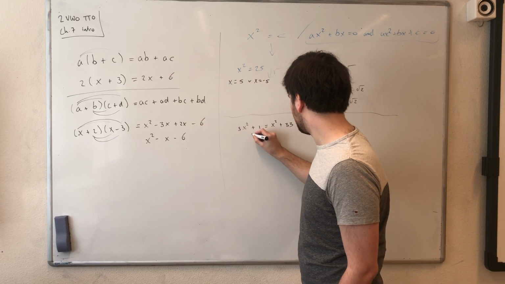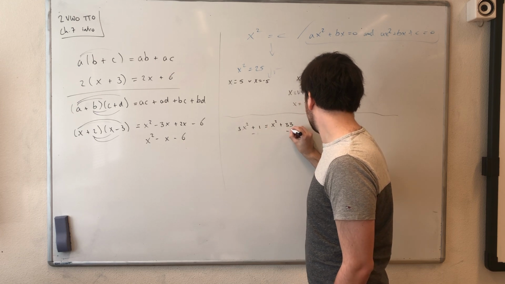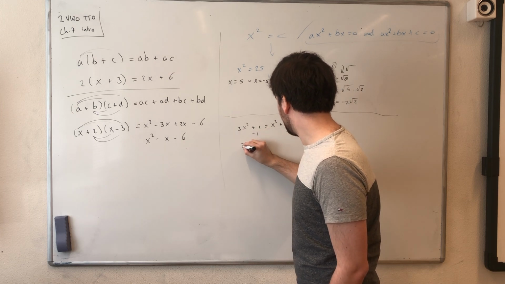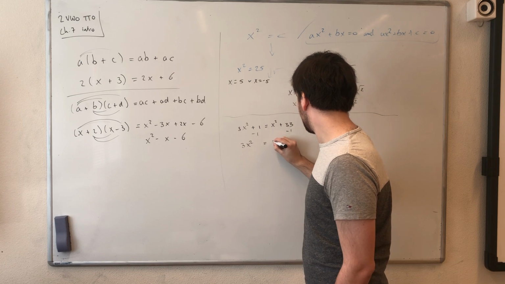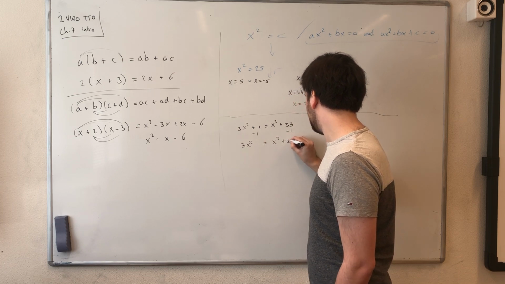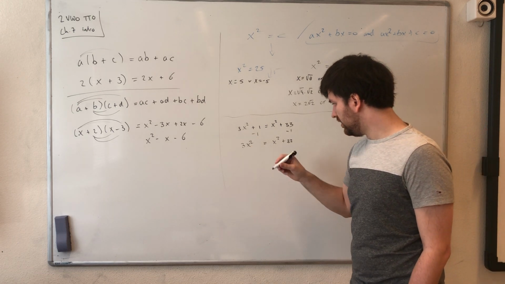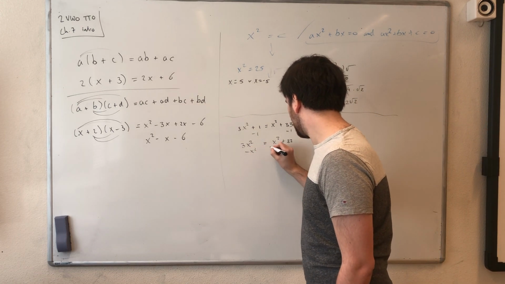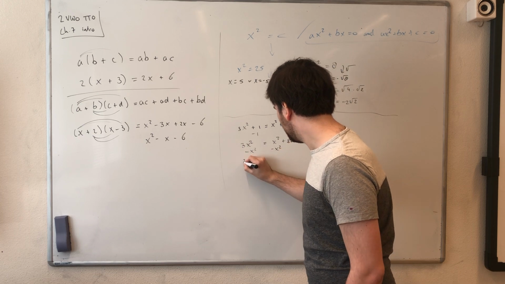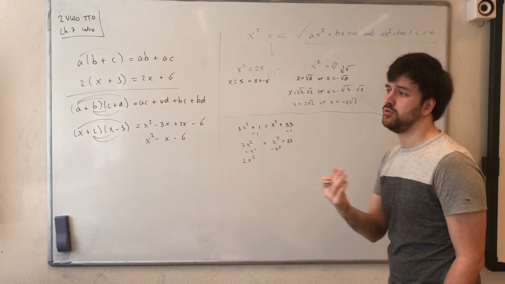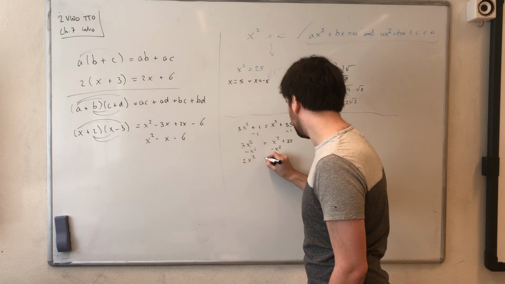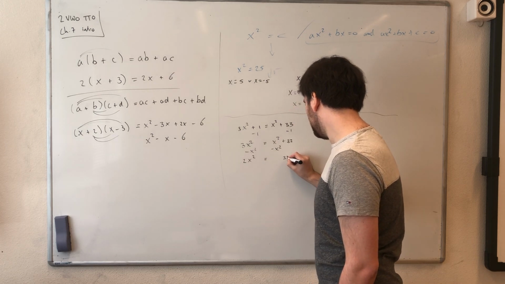So we had to subtract 1 on both sides. 3x squared equals x squared plus 32. Then you had to move all the squares to the other side, so we're subtracting 1x squared. 3x squared minus 1x squared is 2x squared, equals 32.